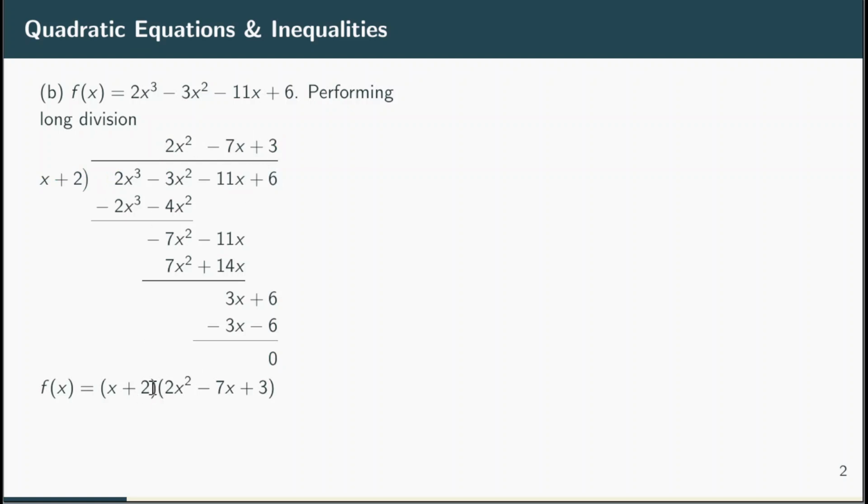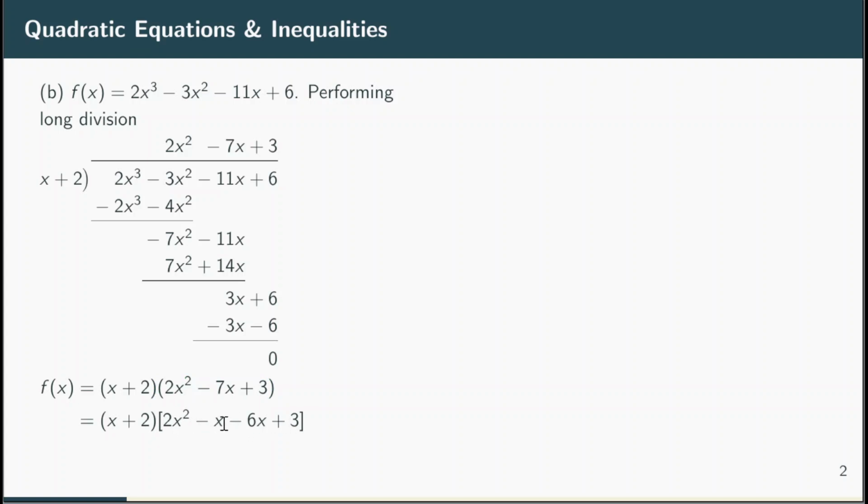But x plus 2 is already a linear factor. I cannot factorize it further. But this is a quadratic expression which I need to factorize into 2 linear factors. And of course, I proceed using the AC method. 2 numbers which multiply to 2 times 3, which is 6, and add to negative 7. The numbers are negative 1 and negative 6. So I will split the middle term with these 2 numbers. So I have 2x squared minus 1x minus 6x plus 3.